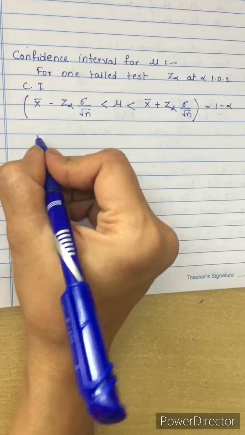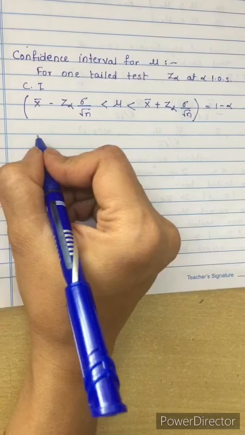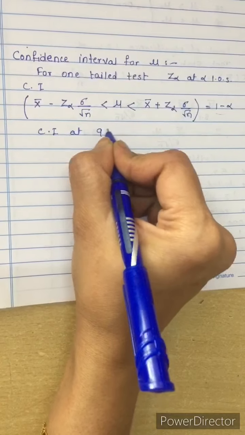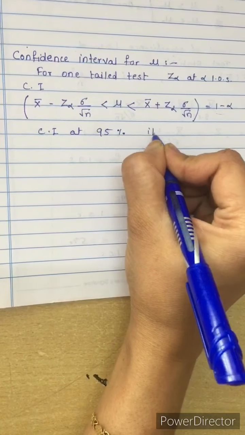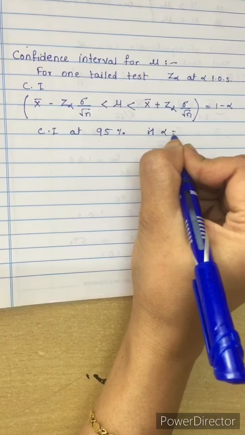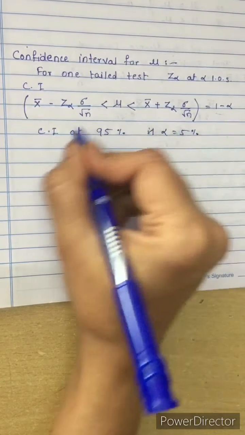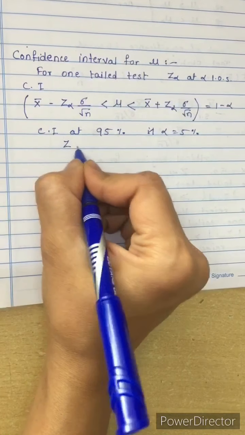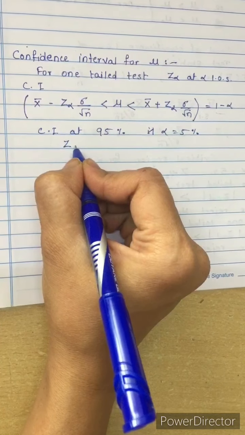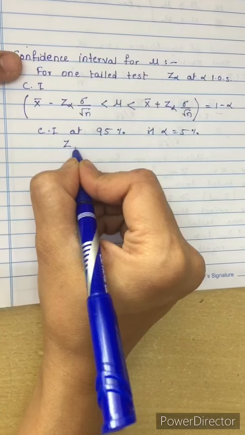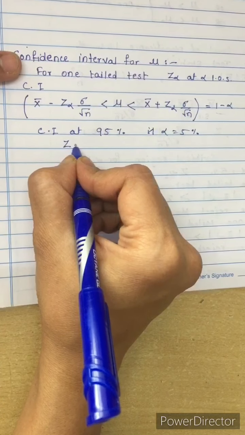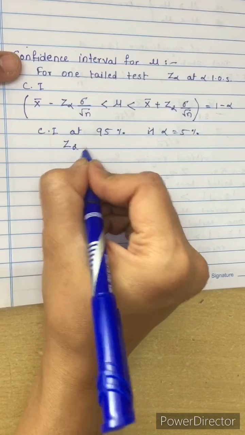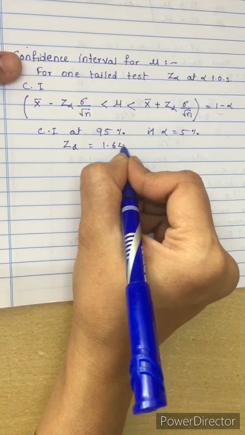Okay, so suppose we need to calculate the confidence interval at 95% confidence level. It means what? The value of alpha is 5%. So we know z alpha for one tail test at 5% level of significance, or for 95% confidence interval, is 1.64.